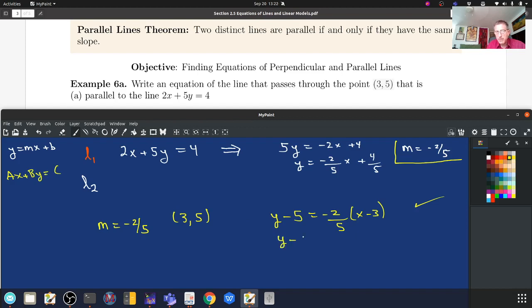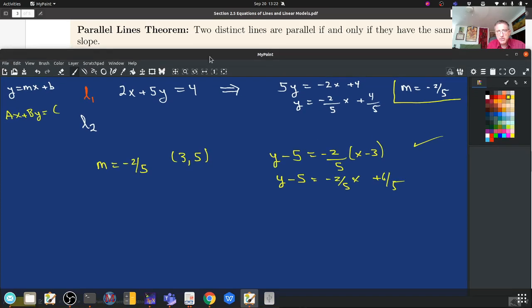This is y minus 5 is equal to minus 2/5 x plus 6/5. Then you'd just simply have to move the x term over here. 2/5 x plus y is equal to 6/5 plus 5.